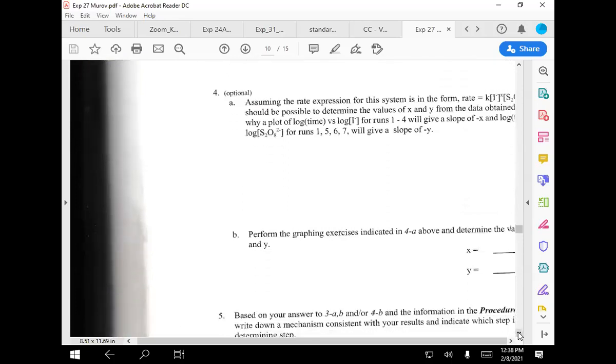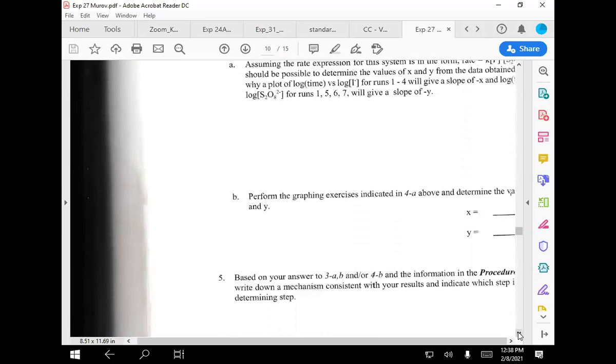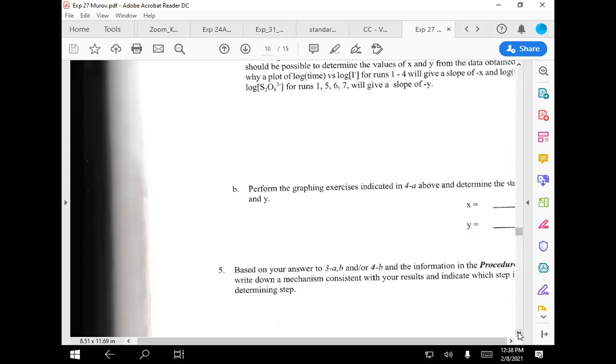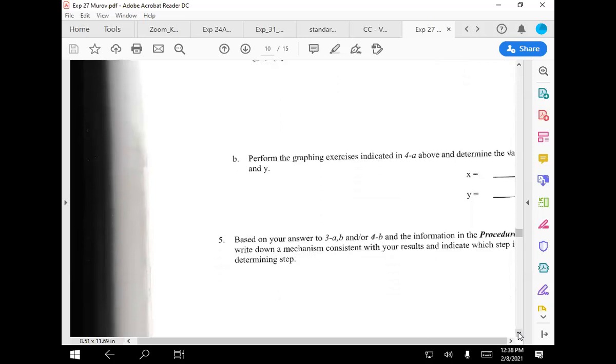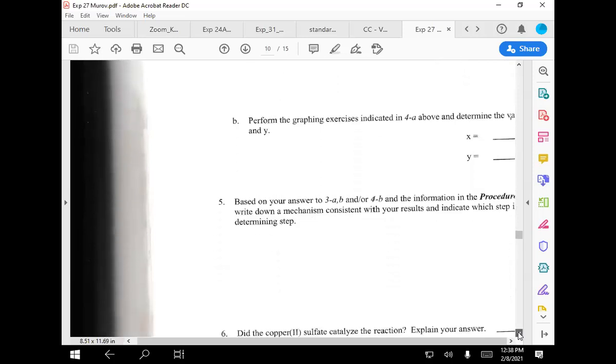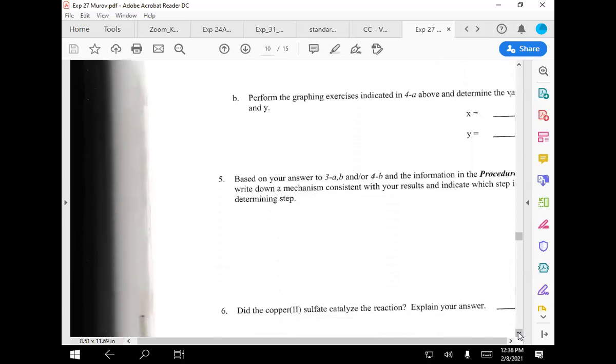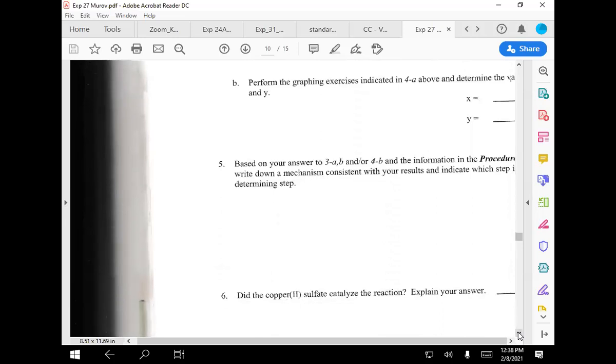Okay, this is asking you what your X and your Y is. This is asking you to look at your data and explain what the mechanism is with your results because you have data now. And then asking you a question about the copper.